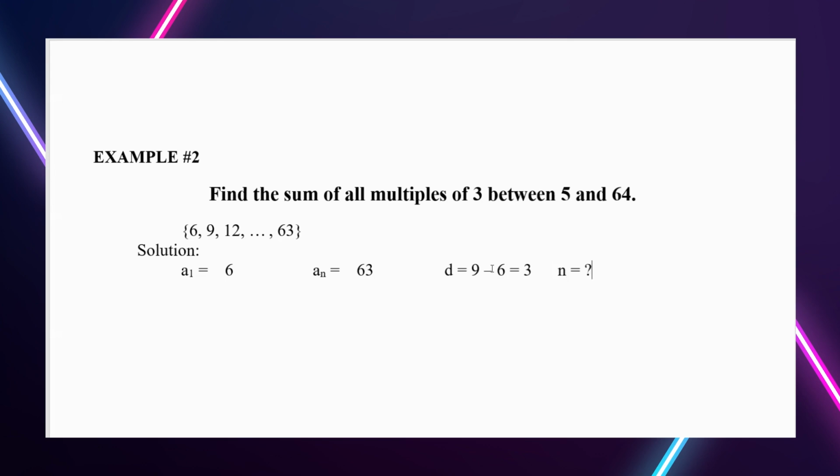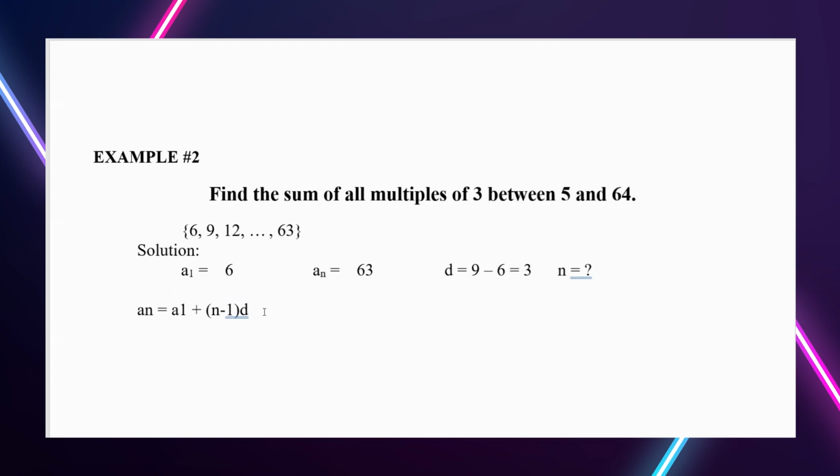Ngunit, hindi binanggit sa given natin ang value ng n. So, anong gagawin natin para makuha ang value ng n? So, therefore, gagamitin natin ang formula ng ating arithmetic sequence na a sub n is equal to a sub 1 plus the quantity of n minus 1 times the common difference para makuha natin yung value ng n.